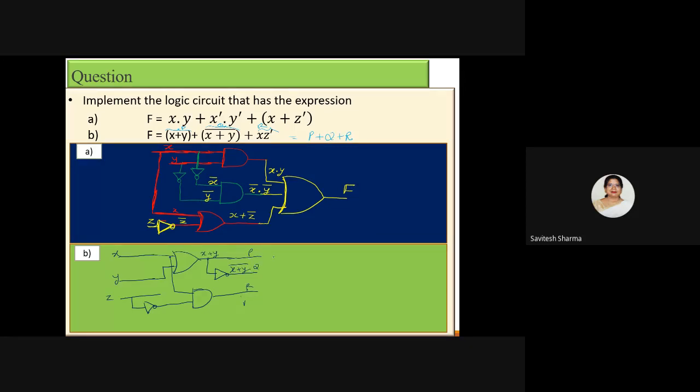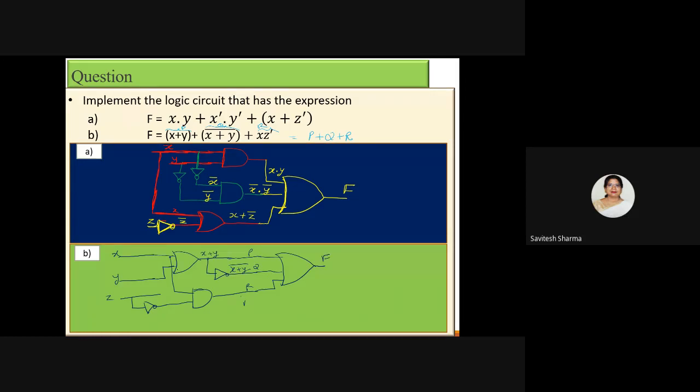So all terms are now implemented. The last stage is to join all terms P, Q and R, and these are joined with the plus operator, so you will add an OR gate. Okay, got it? Everyone got it? How to implement the circuit?